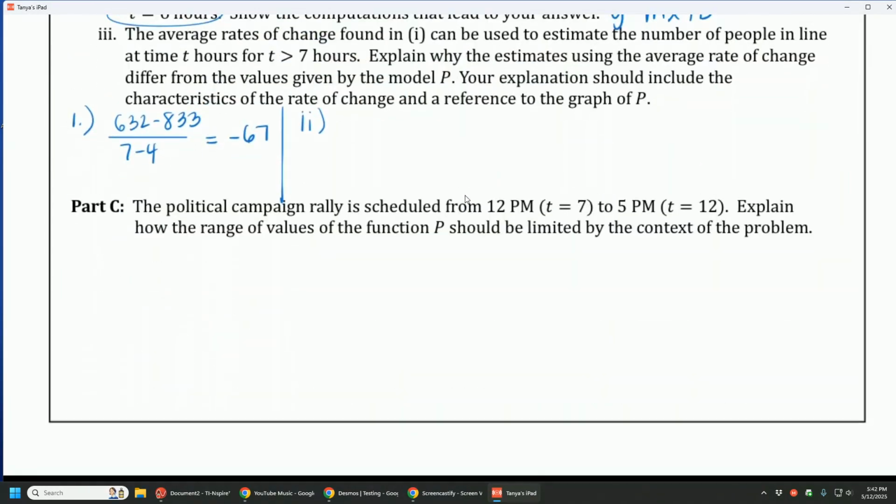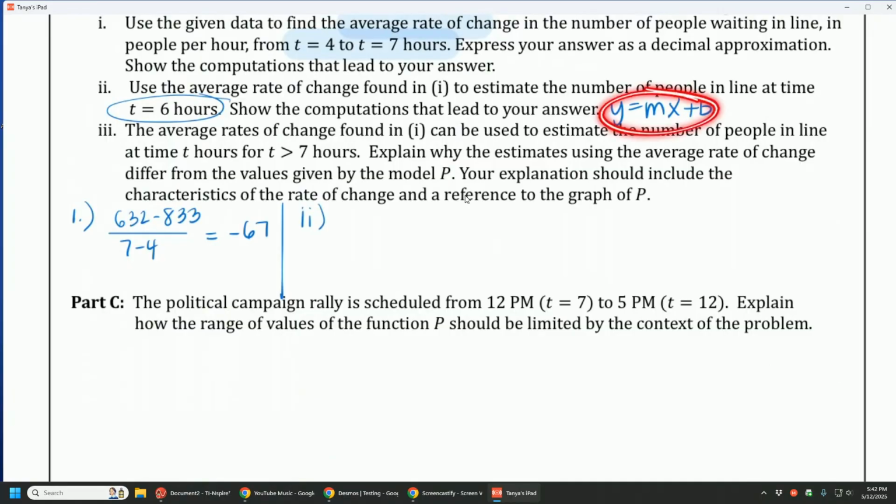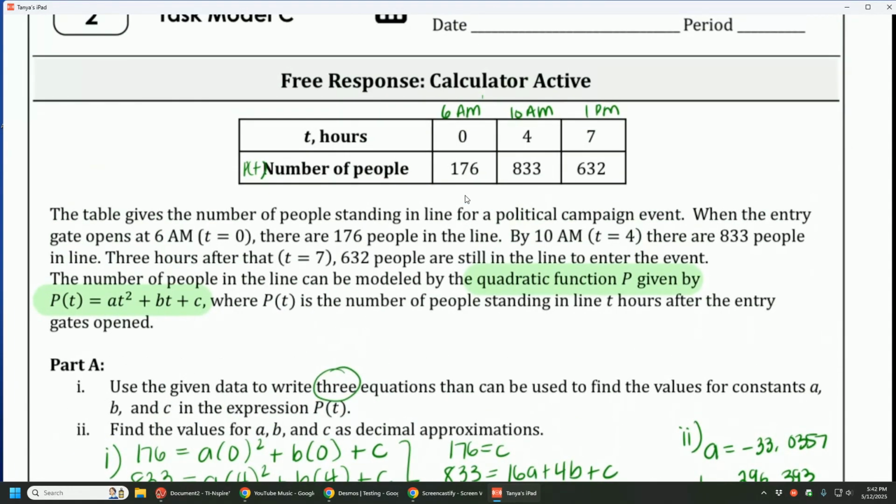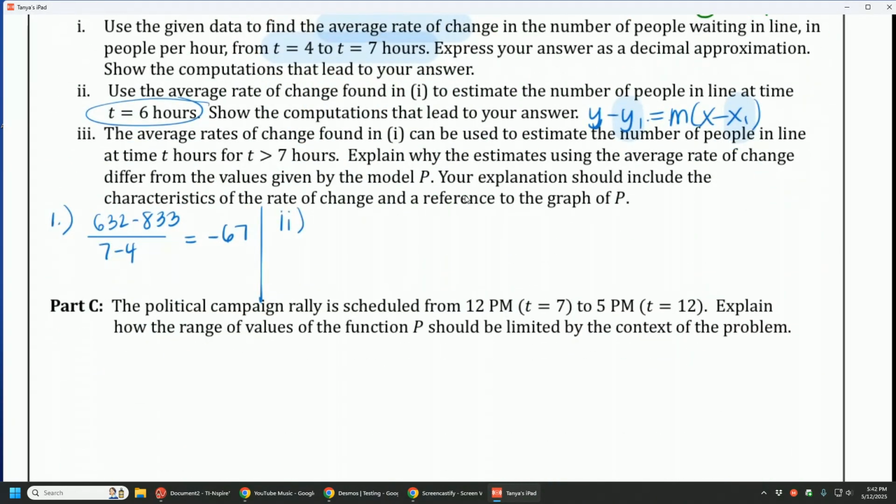So what we're going to do is we're still going to do a linear equation, but we're going to use a different format. So hopefully this looks familiar to you guys. y minus y1 equals m parentheses x minus x1. So m is our rate of change, but x1, y1, that's just one of the points. It doesn't matter which one you use. I'm going to use this one here. So 4, 833.